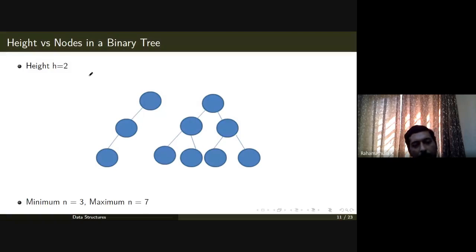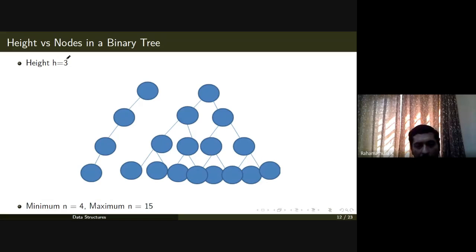For height equal to 2, your minimum number of nodes should be 3 and maximum number of nodes should be 7. If you have all the left and right child, then this particular setup will come, so maximum will be 7. If height is equal to 3, then minimum you should have n equal to 4 nodes, and maximum is 15.